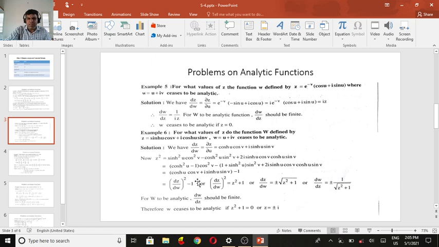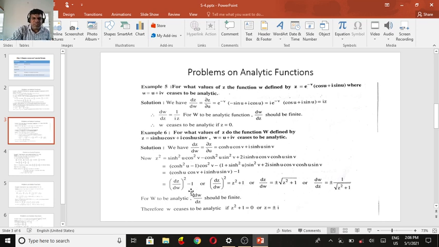So again, this term we can write as dz by dw whole square minus 1. We are differentiating dz by dw, which is equal to cos hu cos v plus I sin hu sin v. So dz by dw whole square minus 1, or we can write dz by dw whole square is equal to z square plus 1.